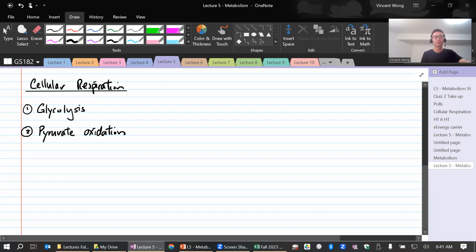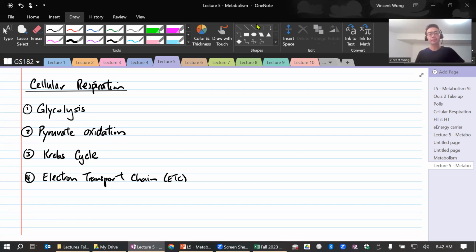All right. We know oxidation means losing electrons, right? So this molecule will be releasing more electrons. And then we have the Krebs cycle and the electron transport chain, ETC.